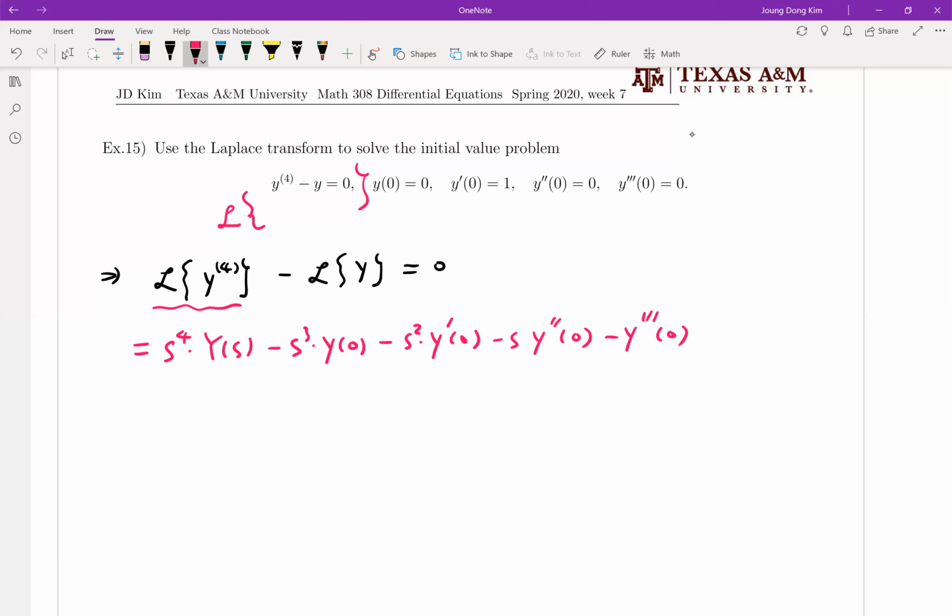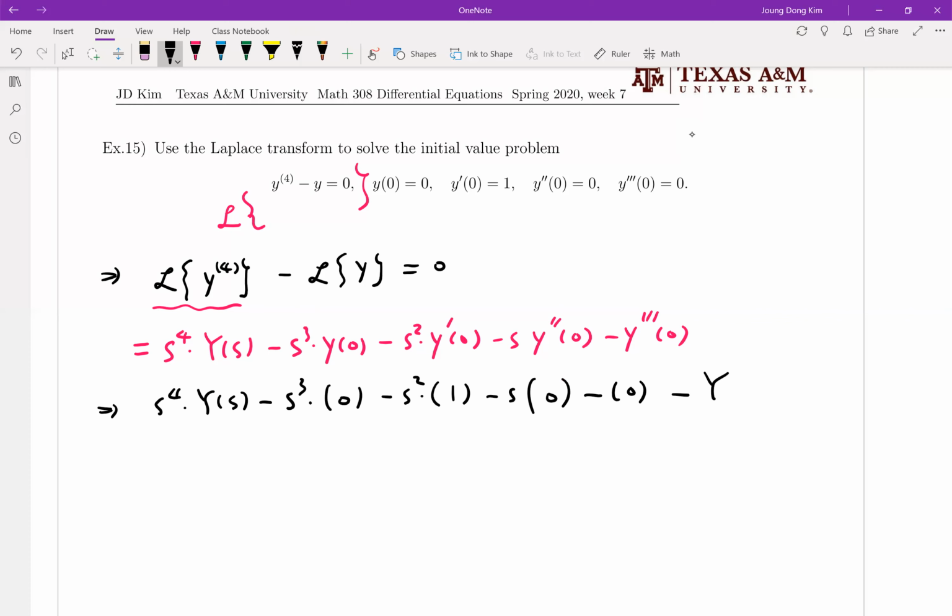Okay, now let me plug in everything. Then this will be written as s to the fourth Y of s minus s cubed, and y of 0 is given here, right? 0, and y prime of 0 is given by 1, and y double prime of 0 and y triple prime of 0 are also 0. And we have this one, right? Which is Y of s equals 0. We're almost there, okay?